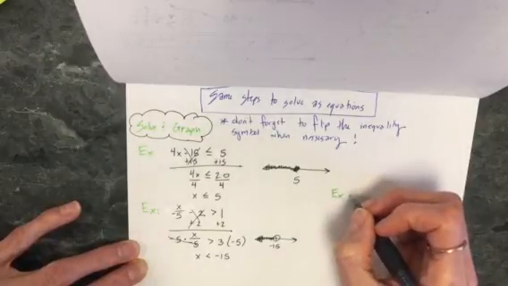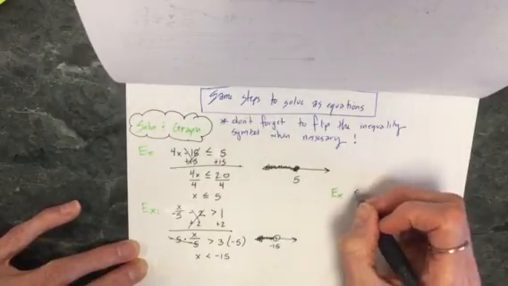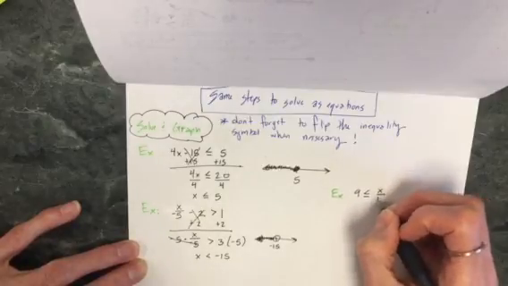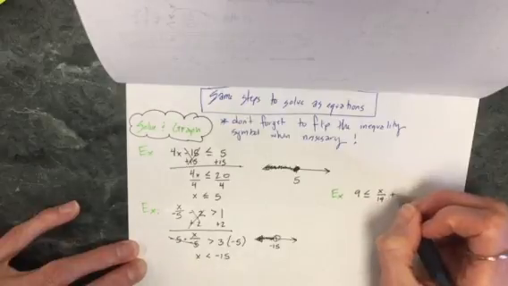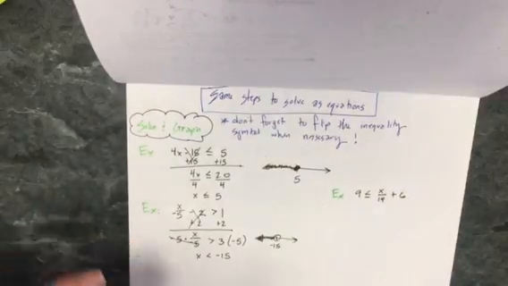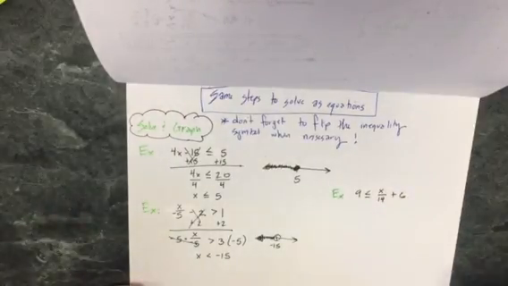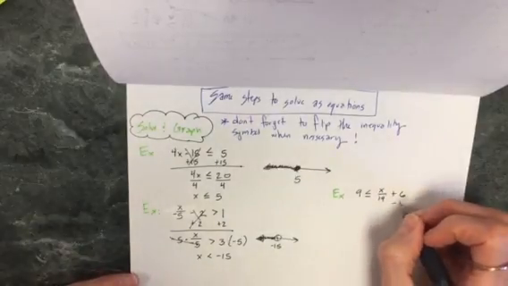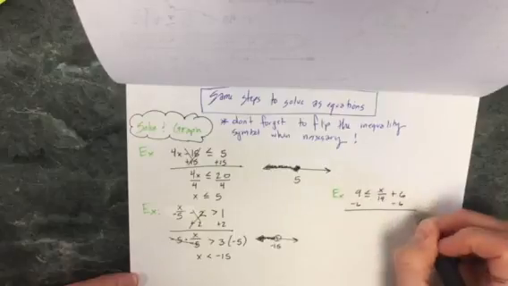All right, last example for us. We're going to do 9 is less than or equal to x over 14 plus 6. So our first step would be to subtract 6 from both sides.